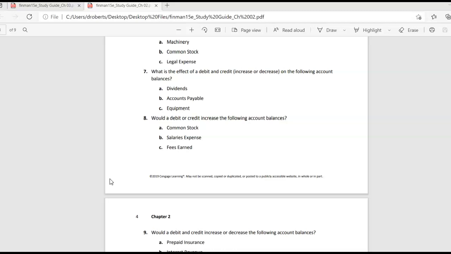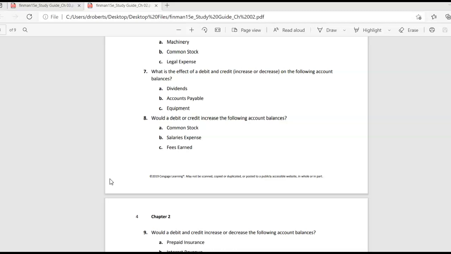A credit will decrease a dividend. And note that the dividend is a contra, or it's actually a return of investment. So it's on the equity side, and it's actually monies that's returned to the owners, their share of a profit of that organization. So it's a reduction in equity. And to reduce equity, you have to debit.